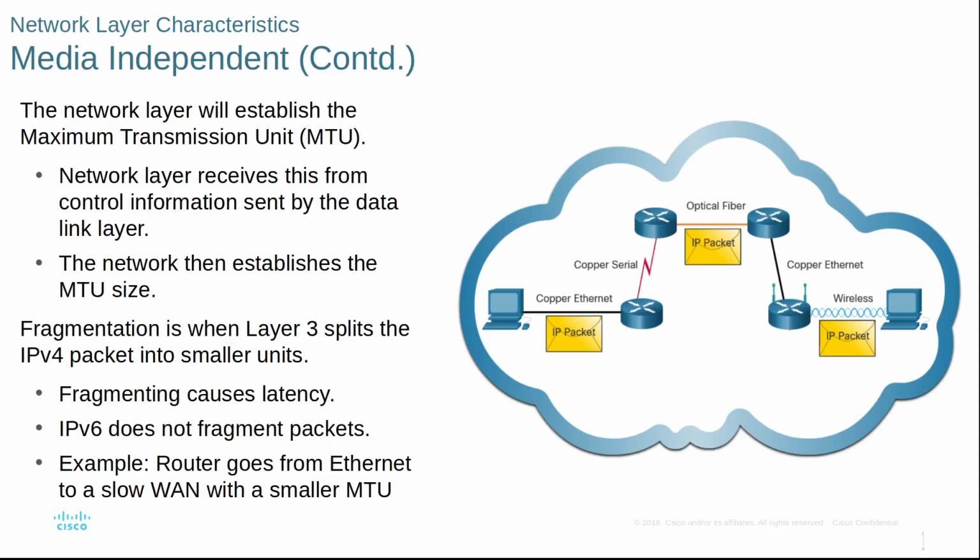This will cause latency. IPv6 doesn't do this, just IPv4. It's an important thing. Why would this happen? Because you've got two connections on either side of a router, and one's slower than the other, right? The router goes from a slow connection to a fast connection, or a faster connection to a slow connection. Things have to be fragmented.